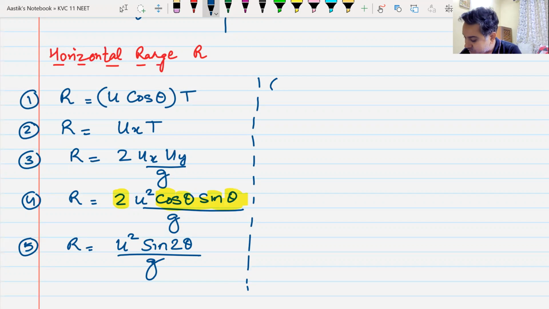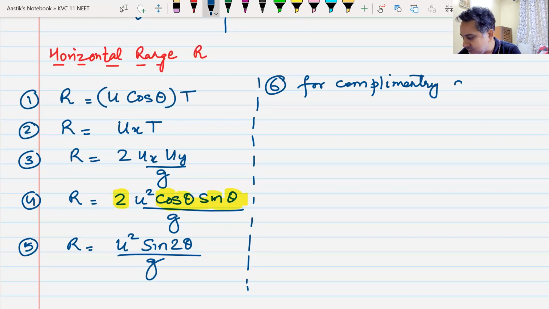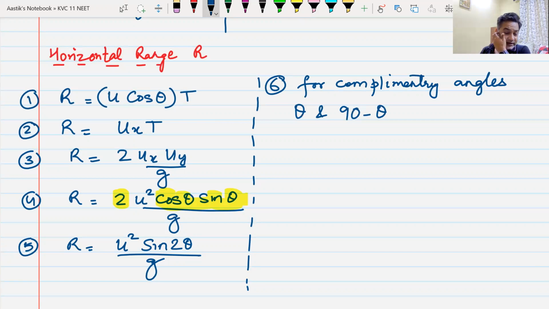Now remember, for complementary angles, what do you mean by complementary angles, bacha? One angle is theta, the other angle is 90 minus theta. For complementary angles, if one angle is theta, say 30 degrees, its complementary angle is 60 degrees.